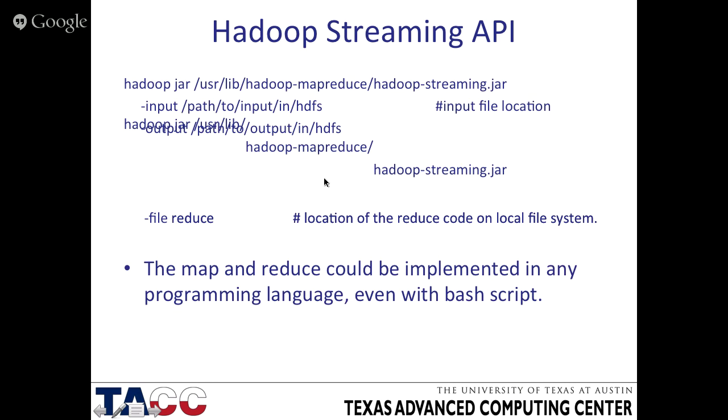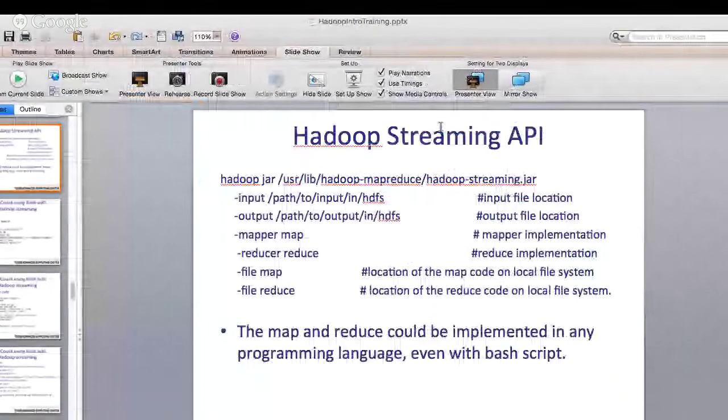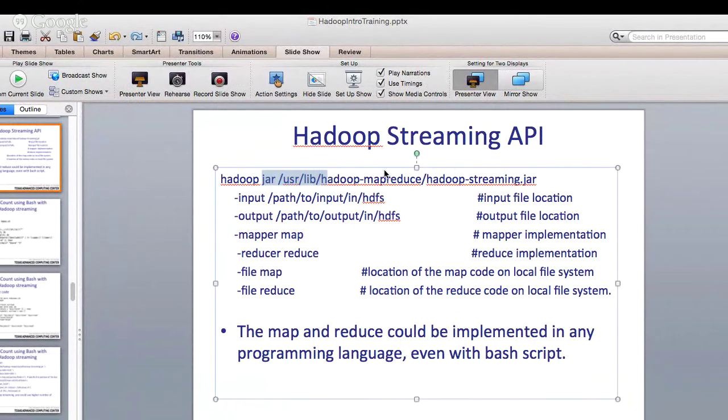Let me try to stop this so I can show. For some reason the formatting is messed up when I go to full screen mode, so I'm just going to show this one, then I will go back to full screen mode. This is the basic API of Hadoop streaming. It is available as a separate jar file, and you can run it as if you are running any other Hadoop application.